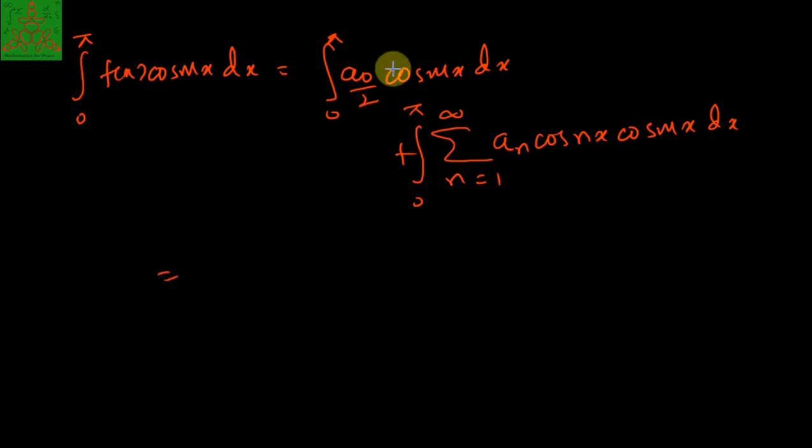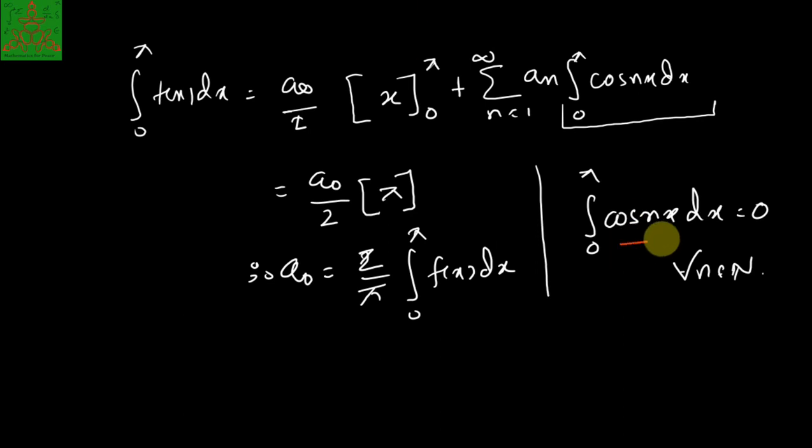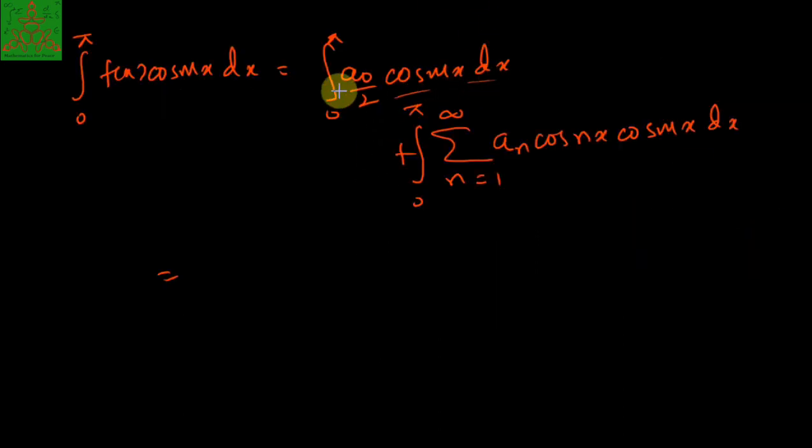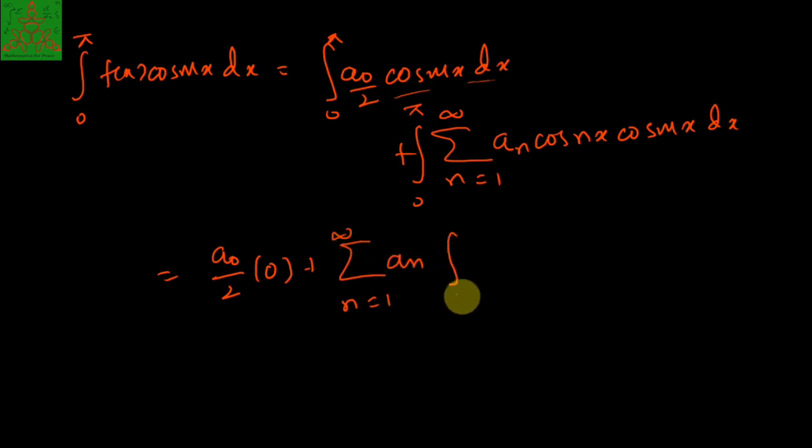Now again, as I have talked about previously, this quantity will become 0, because a0 by 2 is constant. So this is a0 by 2 into 0. And here you can interchange the summation and the integration sign due to the uniform convergence, and hence we can write summation 1 to infinity an is constant, integration 0 to pi cos nx cos mx dx.